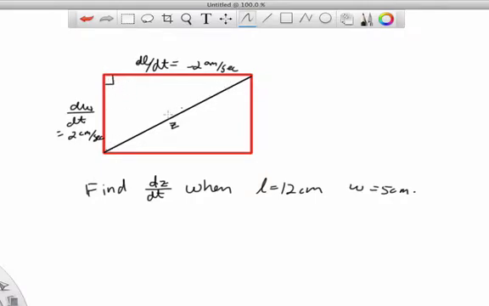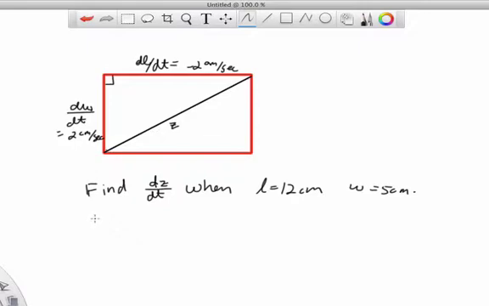And really what I'm trying to find is the diagonal or the hypotenuse. So what I'm going to find here really is the change in the hypotenuse, knowing the change in the width and change in the two legs basically. So all of that involves a Pythagorean theorem.